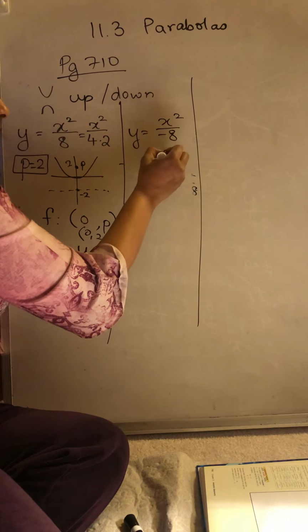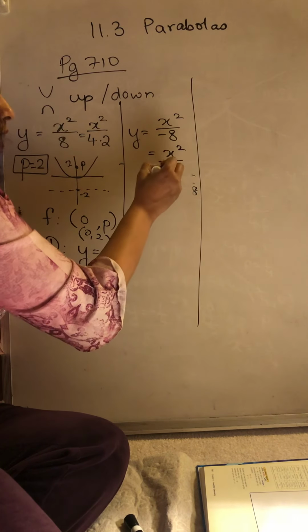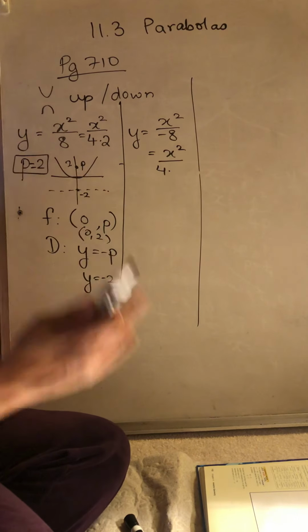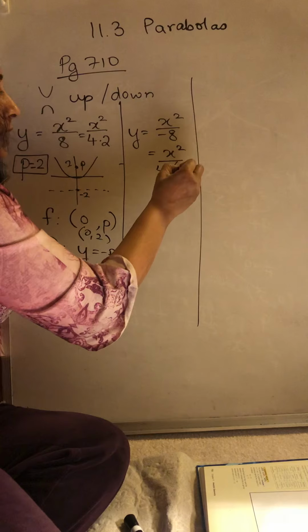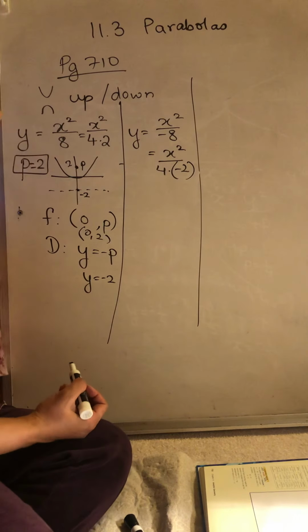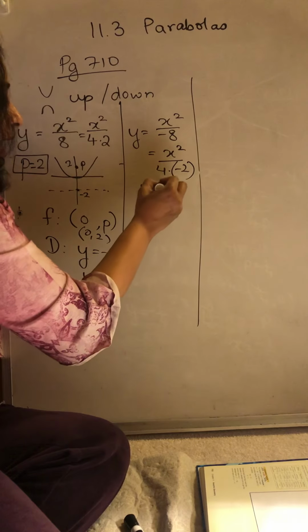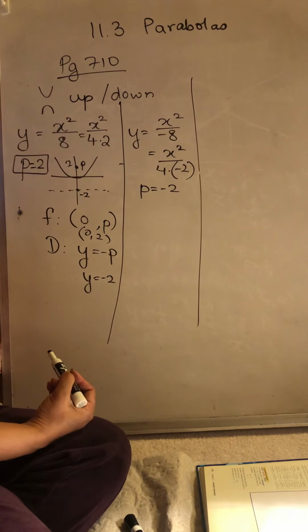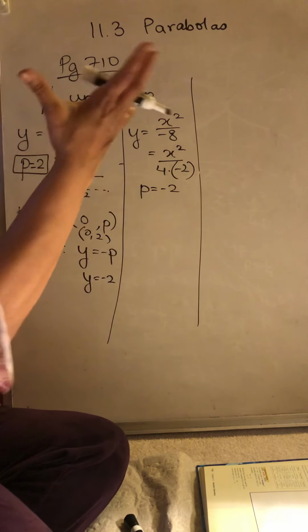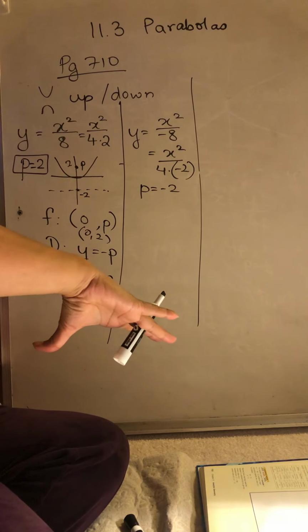I'm always asking myself, x square over 4 times what? Whatever it is 4 times, that will be the p. So in this case, to get the negative 8, I'm doing 4 times negative 2, which means p is negative 2. Whenever p is negative, I should know my parabola is facing down.